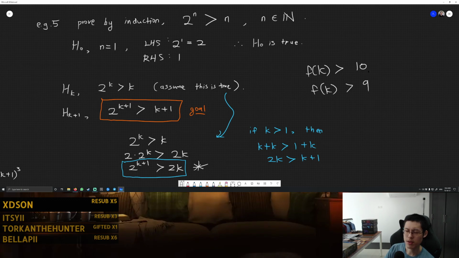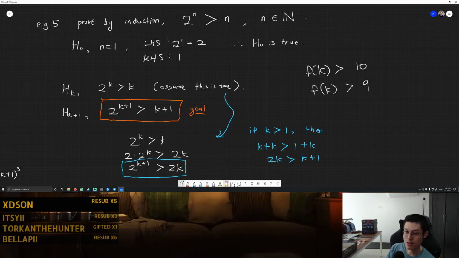Oh wait, what am I thinking? If fk is greater than 10, then fk must also be greater than 9. Okay, never mind. Just pretend I didn't say anything for the last 10 seconds.